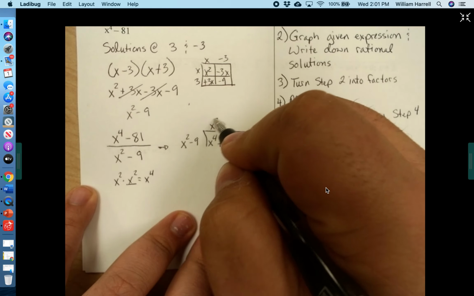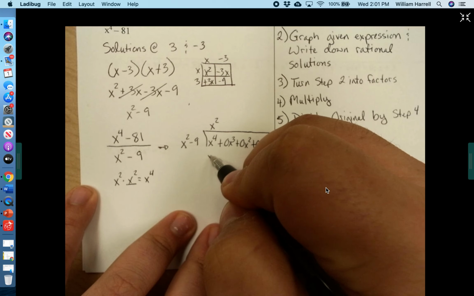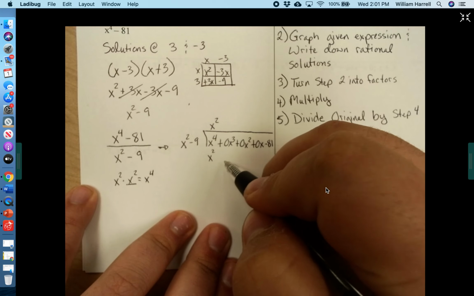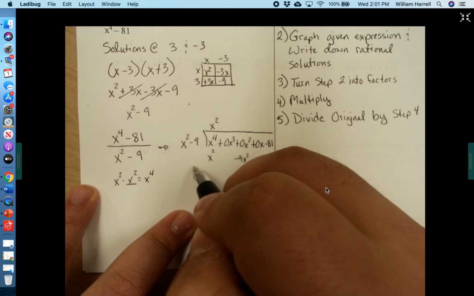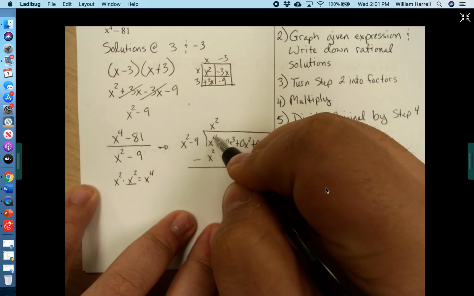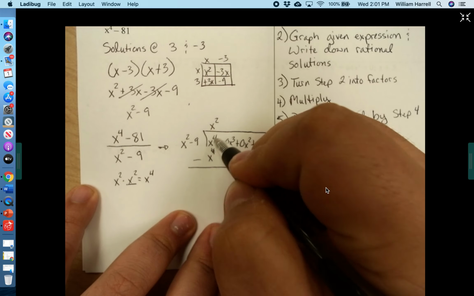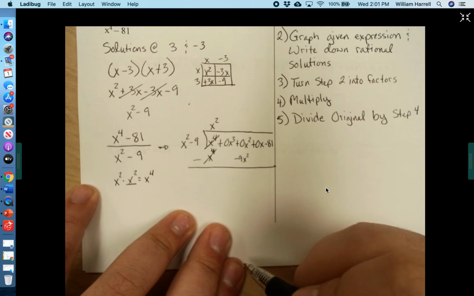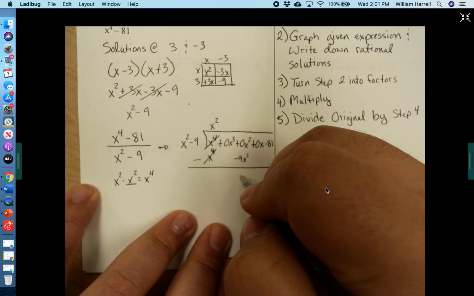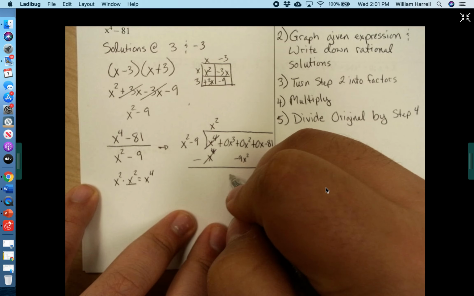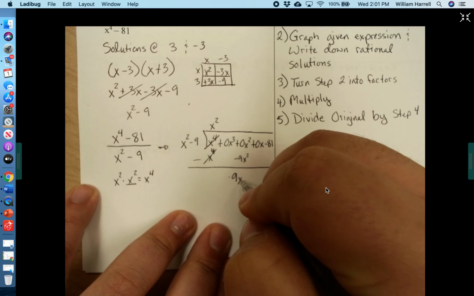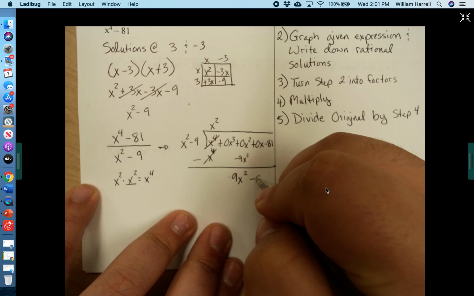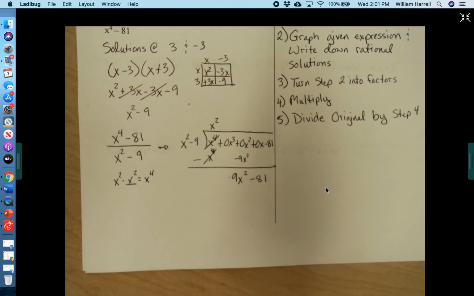You then distribute this x squared over here. x squared minus 9x squared. Subtract: x to the 4th minus x to the 4th, they cancel. I'm left with 9x squared minus 81.